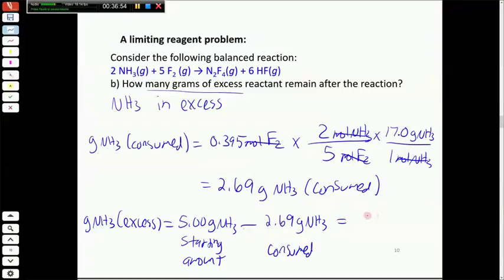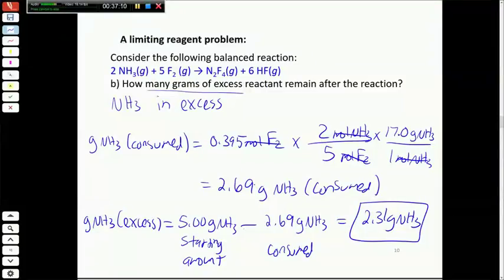And that means that 2.31 grams of NH3 are left over at the end of the reaction. Okay? So this is what it means to be an excess reactant. Of the 5 grams we put in, only 2.69 reacted and 2.31 were left over at the end.